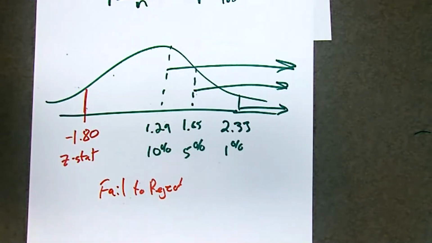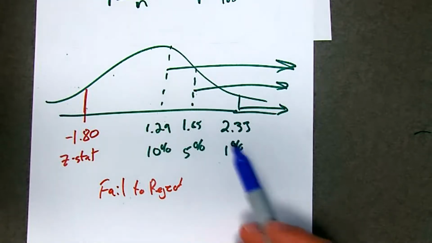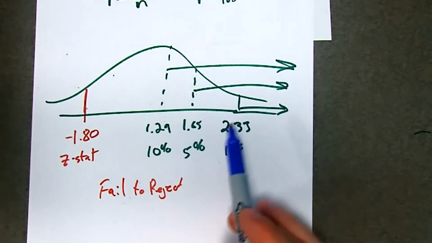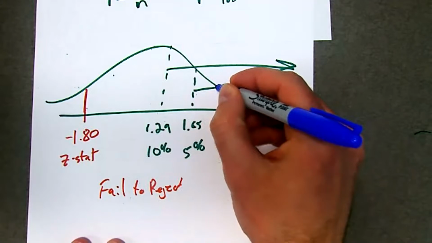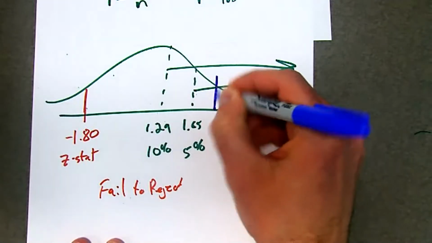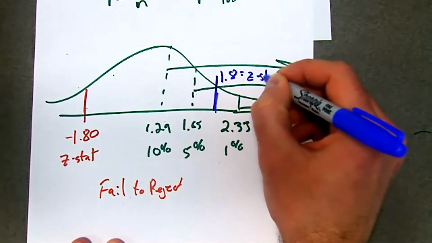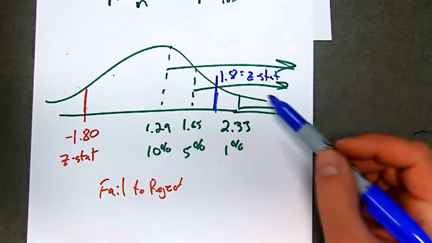I'll use a different color here. What would be a more interesting example is, let's say I work something out and I find, maybe here, instead of 0.41, I found 0.59, and it ends up being the same test statistic, but right here, 1.8. So let's say instead that was my test statistic.